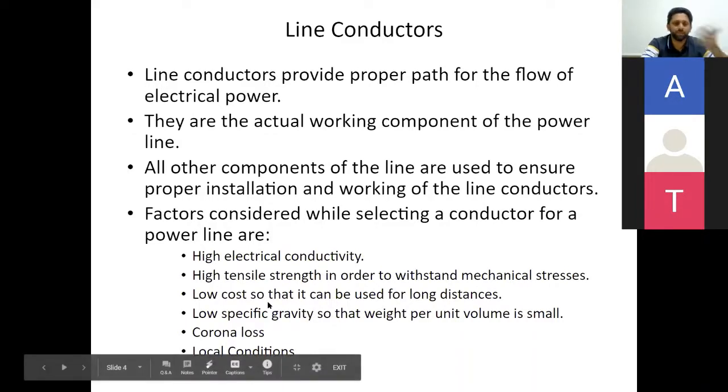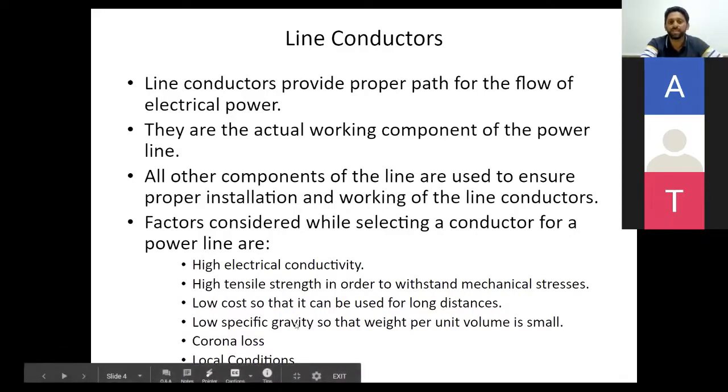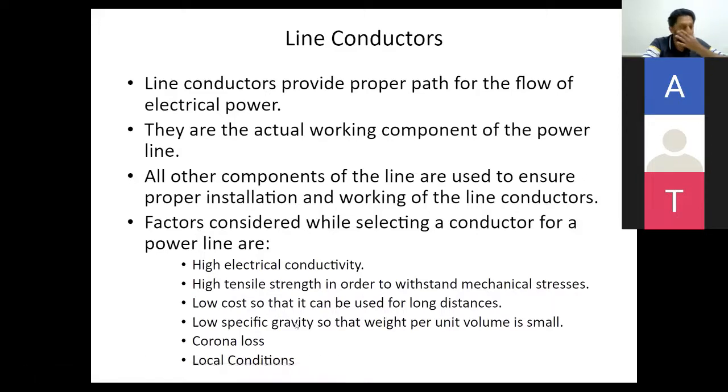Along with that, there are a few more conditions. One is the specific gravity, that means weight. You can have more strength, but if you increase the weight, the size of the tower must be big, so it cannot handle such high weight. So we have to try for materials which have low weight, that is, low specific gravity.